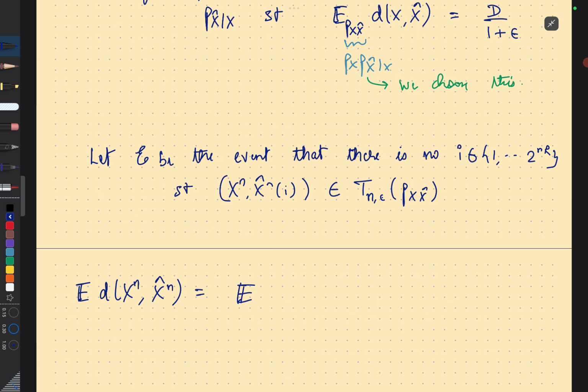It's a bad event. The bad event is that there is no code word which is jointly typical with the source sequence. So what sources of randomness does this event depend on? Where is all of the randomness coming from?